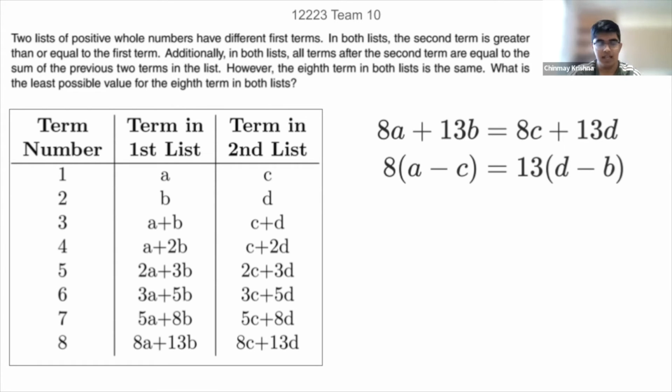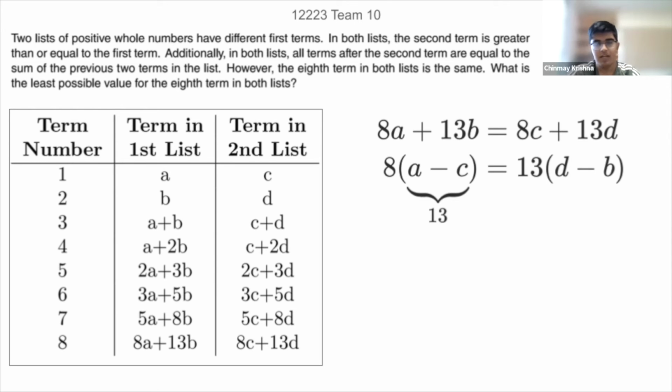So we get 8A minus 8C, so that's 8 times (A minus C), has to equal 13D minus 13B. Then that means that A minus C has to be a multiple of 13. And A and C can't be the same, so the smallest possible value of that difference would be 13.